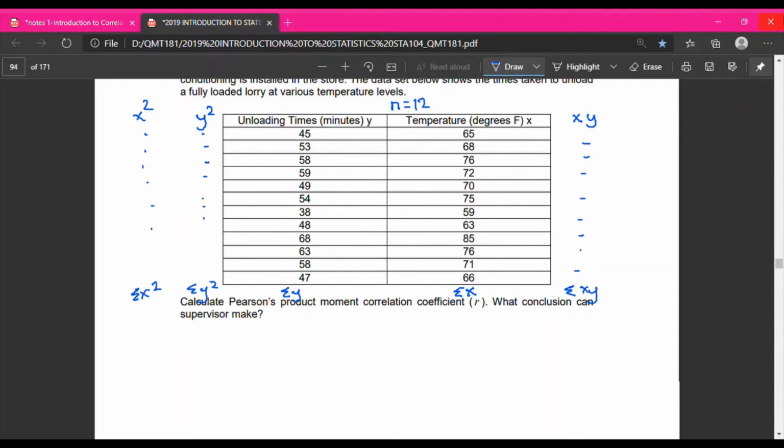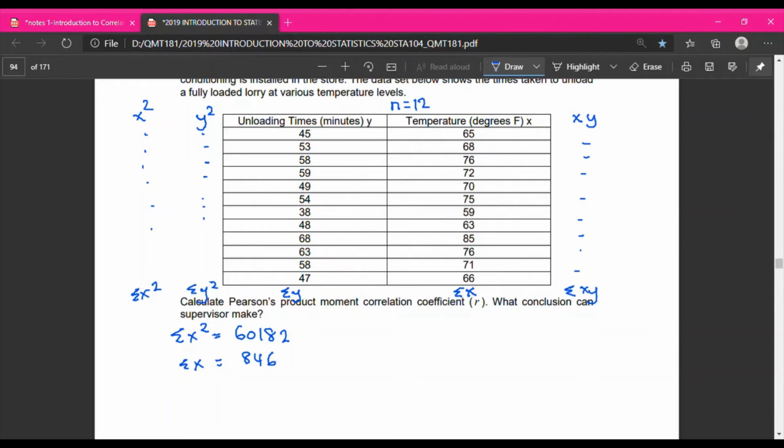So you press 1 to get summation of x square. Then equal. So you will get summation x square equal to 60,182. Okay, and then to go back and take summation x, shift 1 again. Equal to get summation of x.